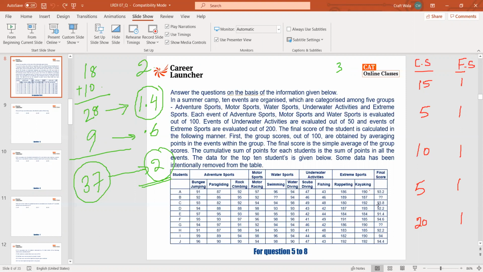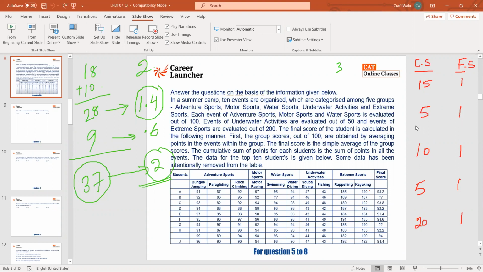So how to check? If I look at 93.8, I want to reach 97.4, so I need another 3.6 points. If I give all 3.6 points here, for 1, I need 5. For 3.6, I'll require 18.